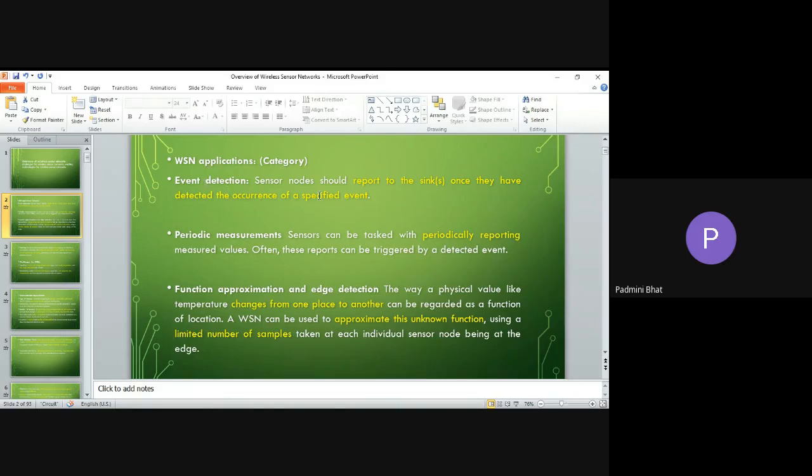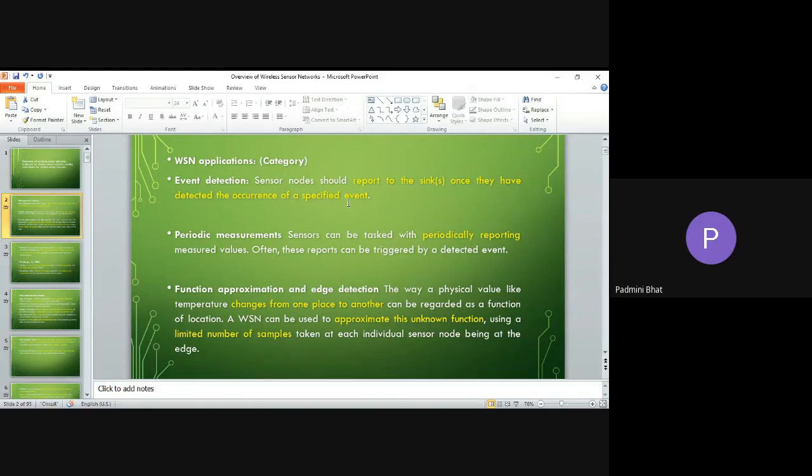So these sensor nodes, whether it is only a sensor or has something more than a sensor, we will study in detail later. Now you consider it as one endpoint, one end entity, a node. Sensor nodes should report to the sink, the destination point, once they have detected the occurrence of a specific event.